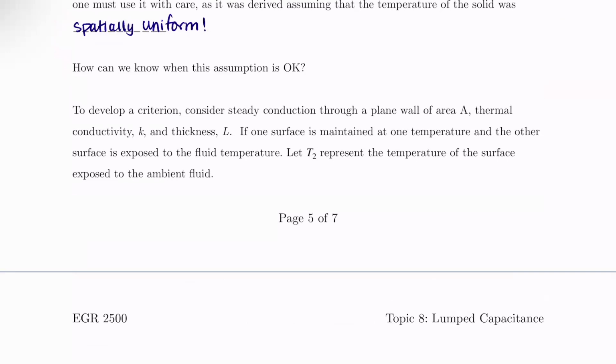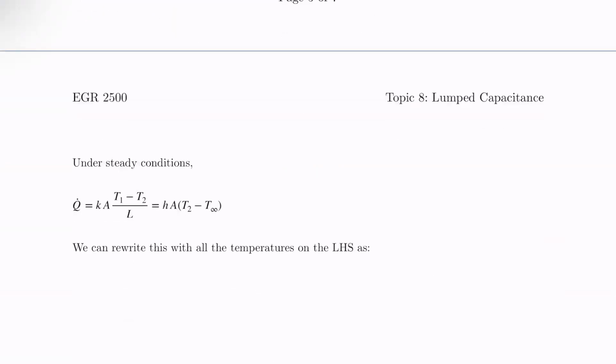Okay, so to do this, we're going to consider steady conduction through a wall. So just a regular wall of area A, thermal conductivity k, and a thickness L. One surface is maintained at a temperature, and then the other surface is exposed to the fluid temperature. And we're going to let T2 be the temperature of the surface exposed to the ambient fluid. So I'm going to just draw a picture here. So here's our infinite wall.